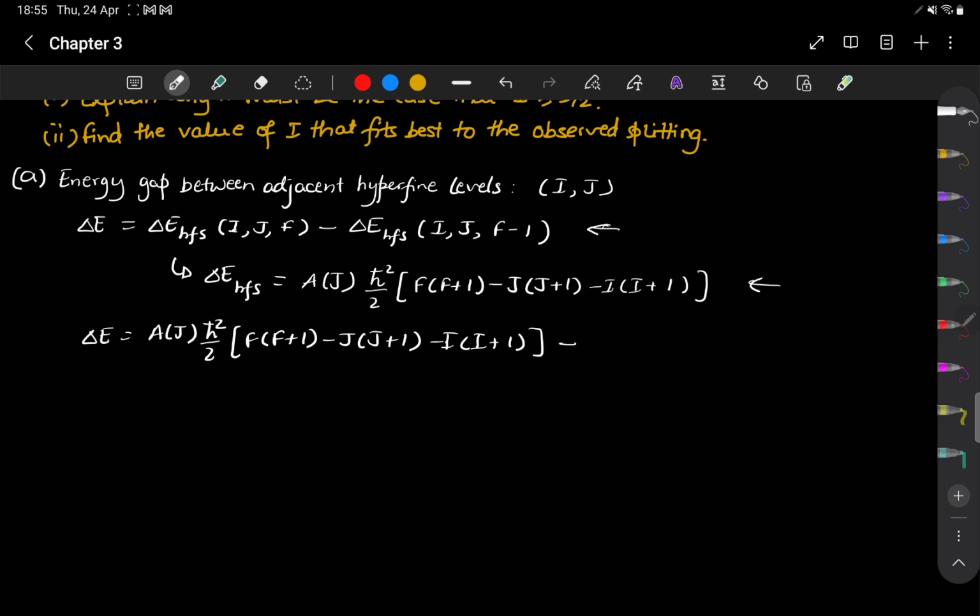This minus, again, these constants as they are, and this time F is not just F, it is F minus 1.